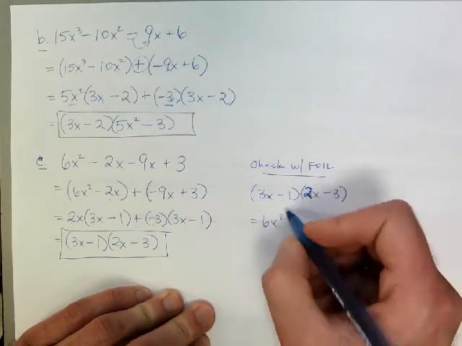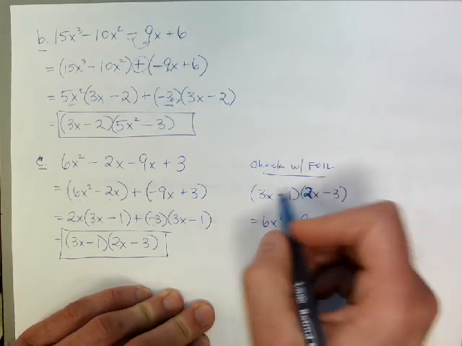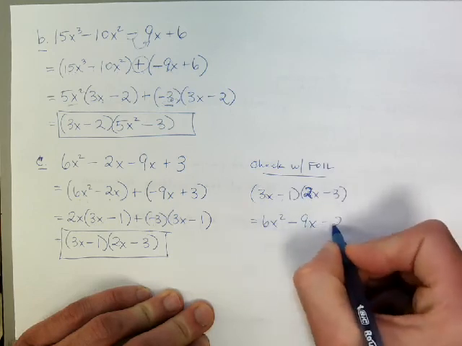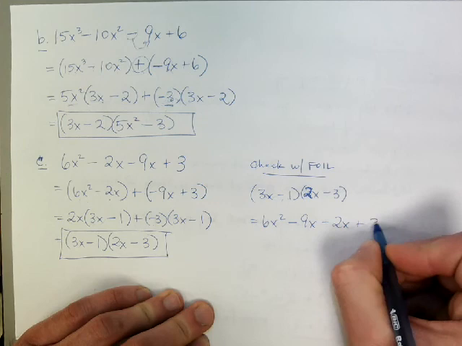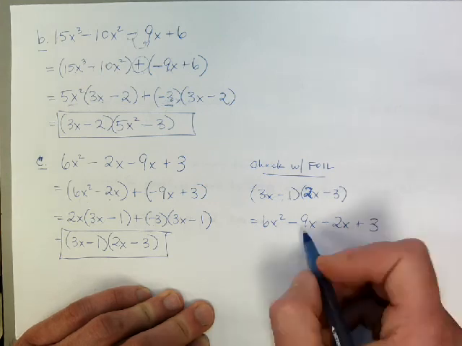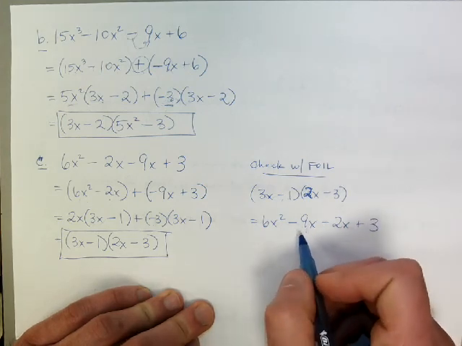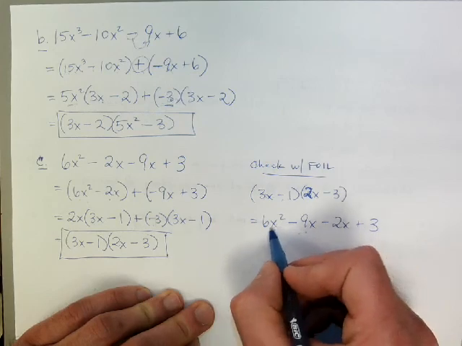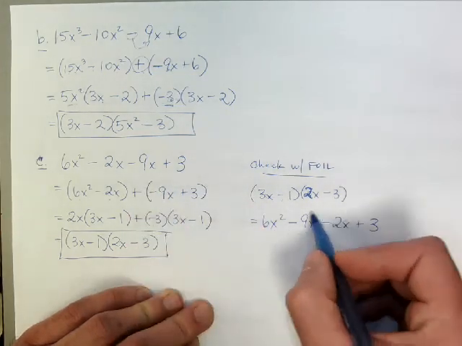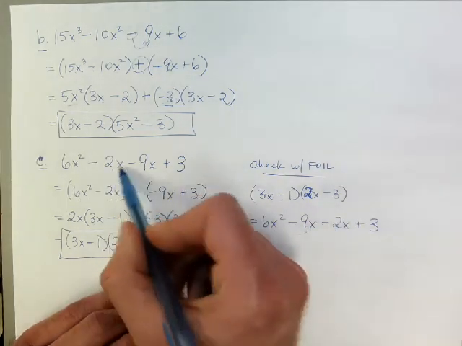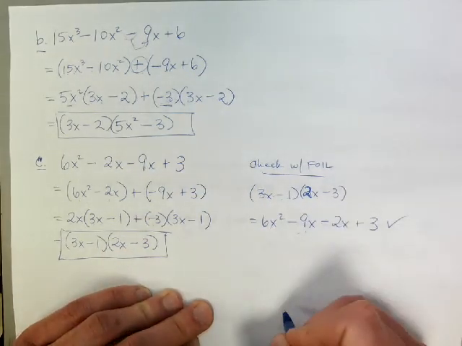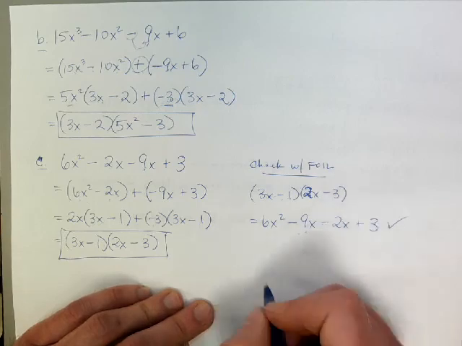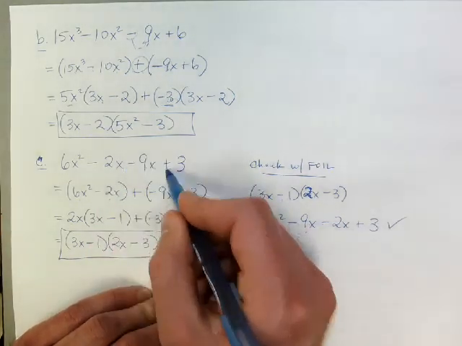Outside terms gives us a minus 9x. Inside terms is a minus 2x. And minus 1 times minus 3 is plus 3. Okay, and it should get back what we started with when we were factoring. Now the 2x and the 9x are in a different order, but they're both there with the right coefficient and everything. That means we did it right. That's just fine, as long as all the terms are there.